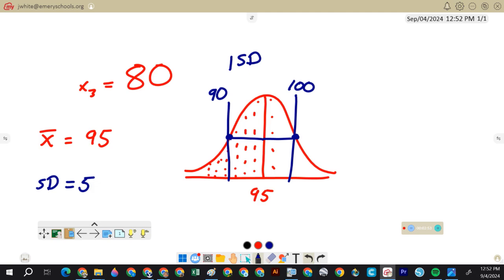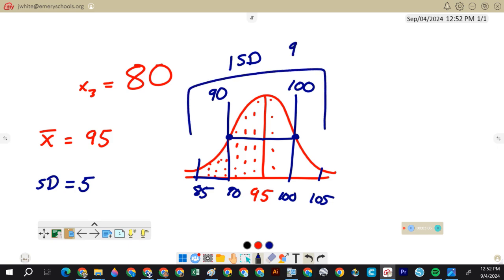All right? If we go out another standard deviation, so this is 90, and this is 85, and this is 100, and this is 105, that should capture about 95% of all kids that took the test. Just as a side note, there are 20 kids in this class. Is that enough to get a normal distribution?